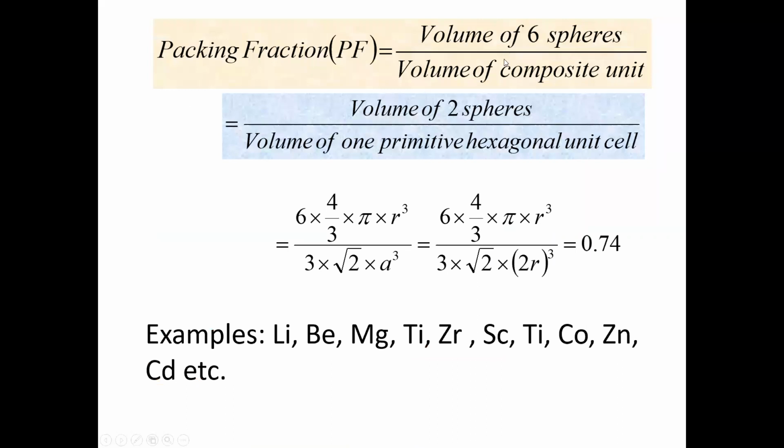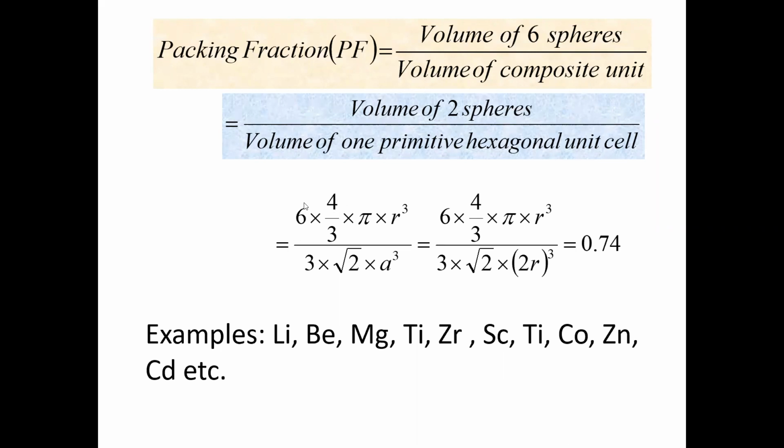And packing fraction, you can find out if you either take the whole composite, take 6 spheres, and the volume of the entire composite unit, 3 into root 2 A cube, or you can take the volume of 2 spheres, taking one primitive unit, divided by the volume of one primitive hexagonal unit cell. I have chosen to take the entire composite.